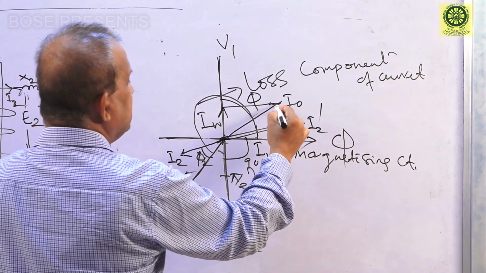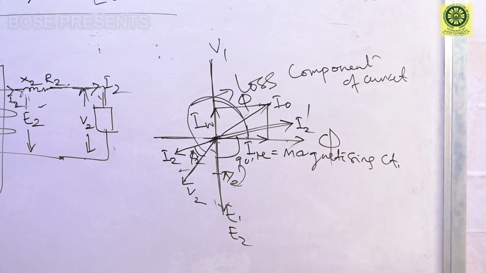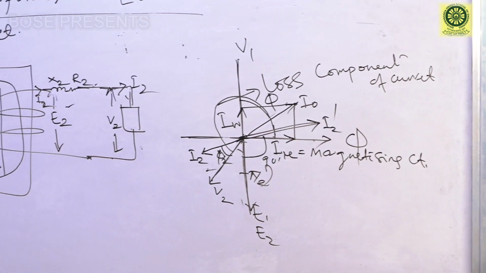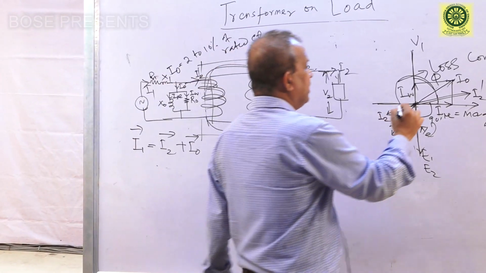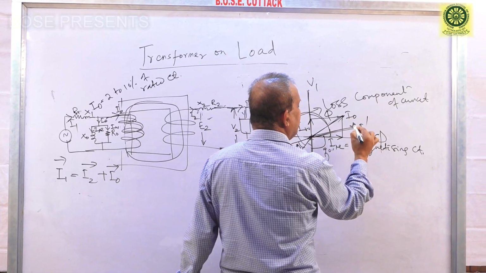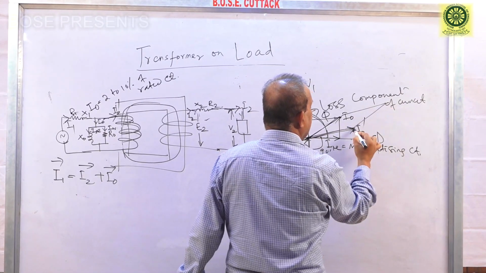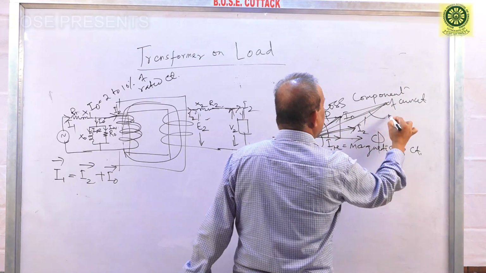Looking at this, I1 is equal to I2 dash plus I0. So the vector sum of the no load current and the secondary side current referred to the primary gives me the primary side current, which is I1.